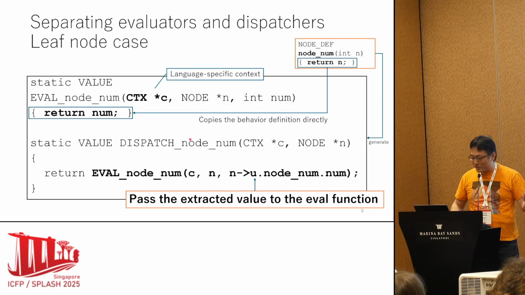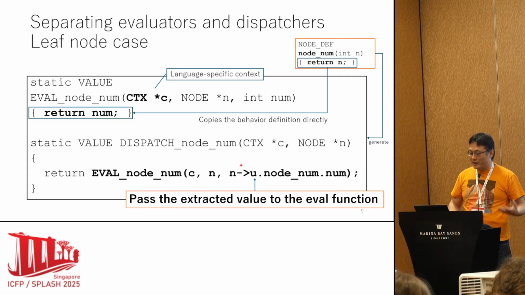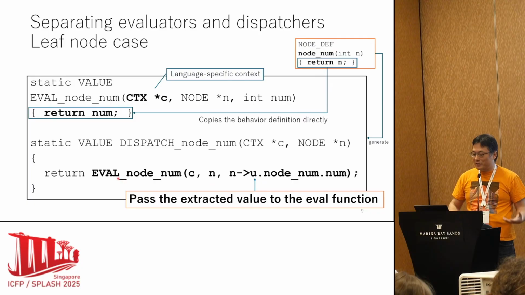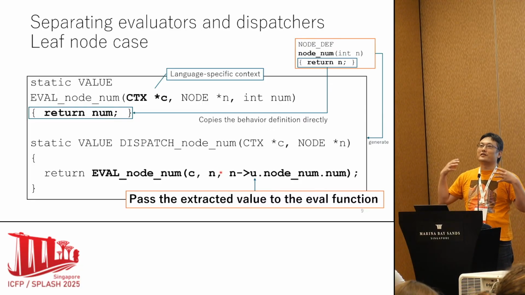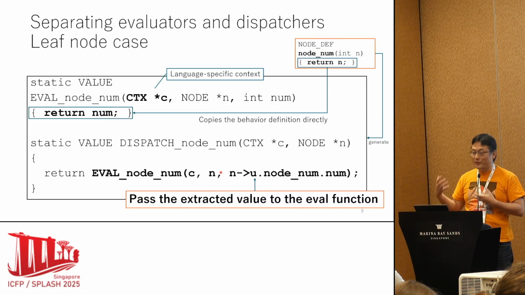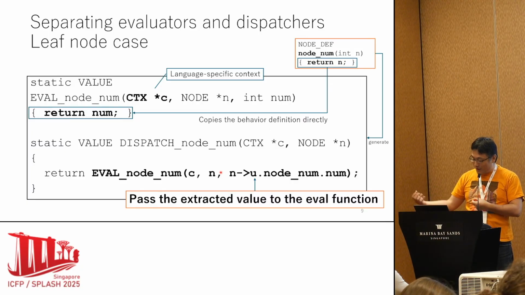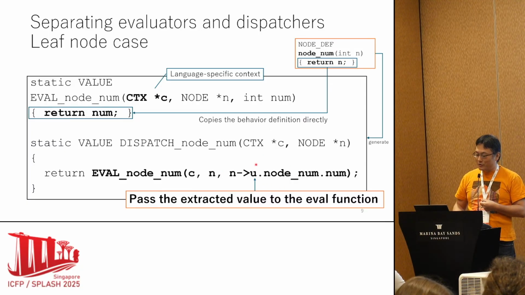And the dispatcher is the key idea. This dispatcher calls this evaluation function with the extracted field. So in this case, dispatch node num extracts the number from the field, takes the node itself, passes the node number, and runs this code.